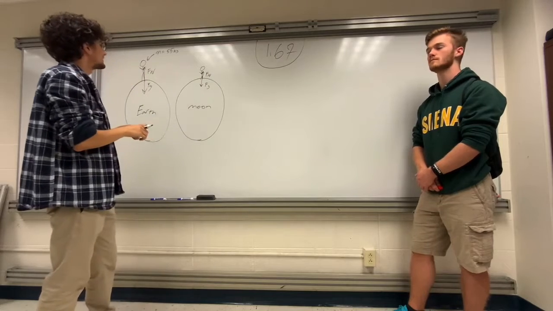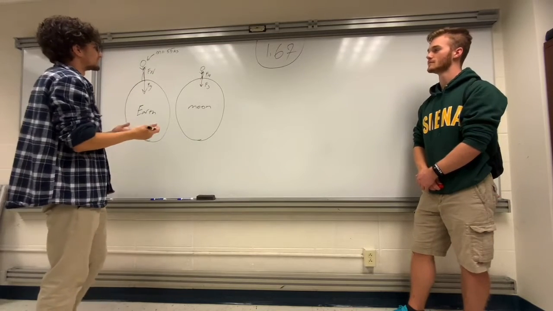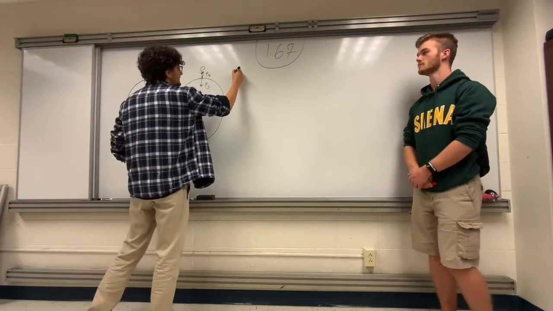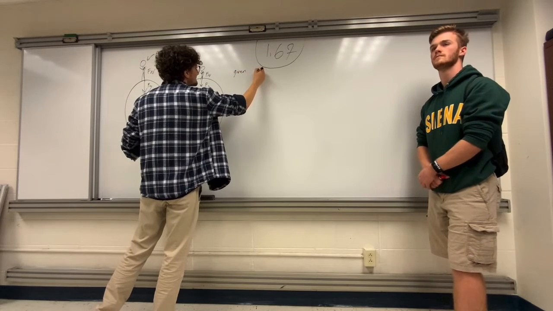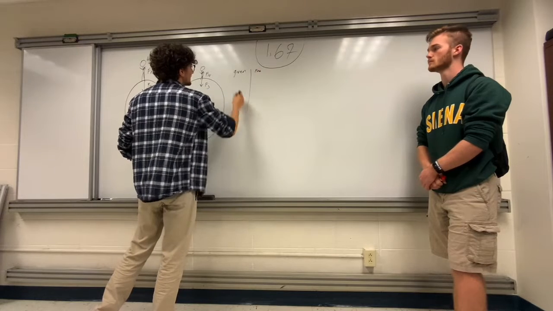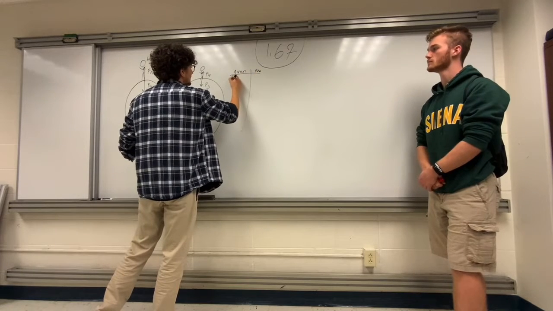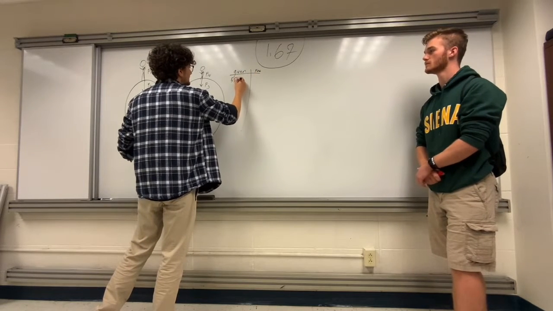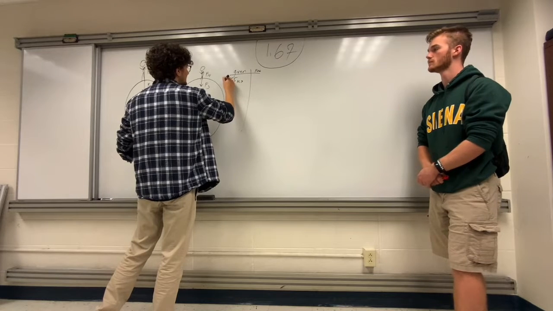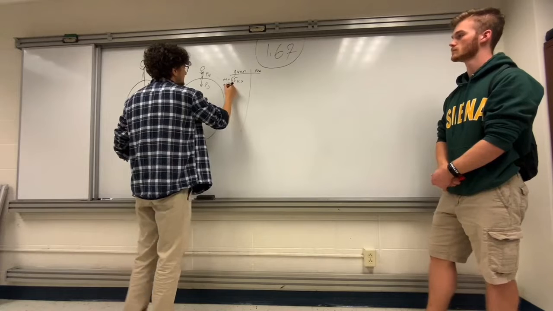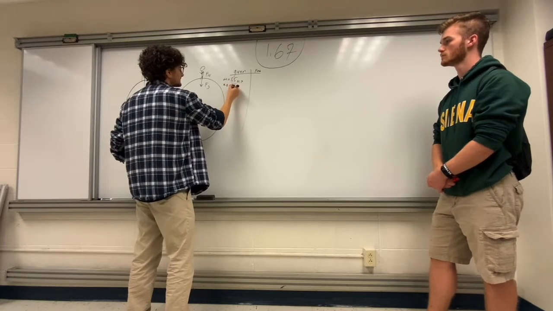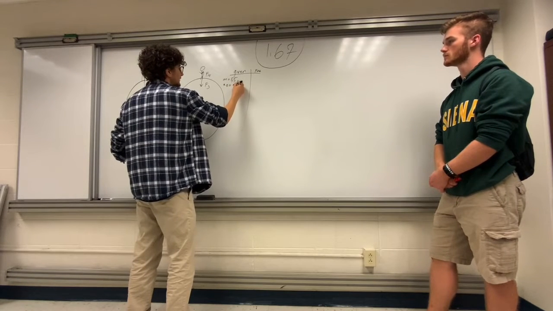Alright. So we have the givens and finds. We know that the woman is 55 kilograms. We know that the acceleration on Earth is 9.8 meters per second squared.